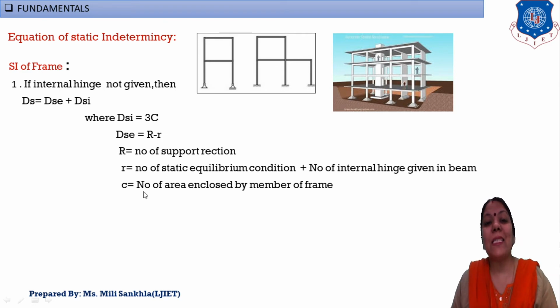And DSE is equal to capital R minus small r. Again capital R is equal to number of support reactions and small r is equal to our three static conditions, because here we discuss plane frame. For plane frame there are only three static conditions.